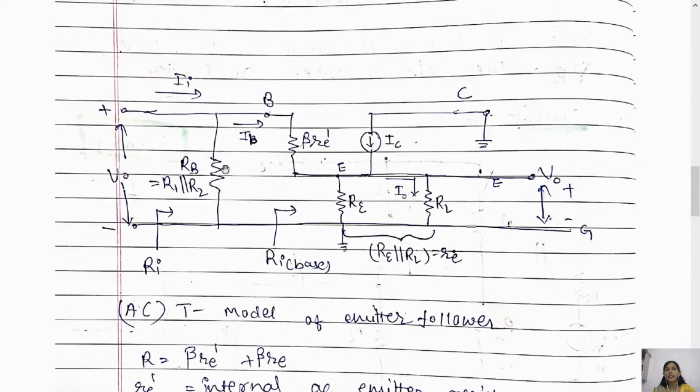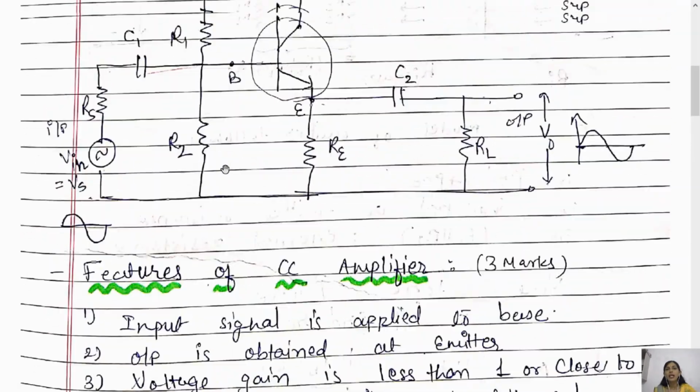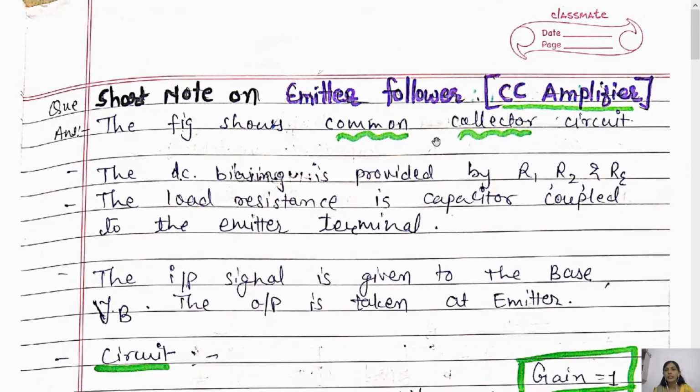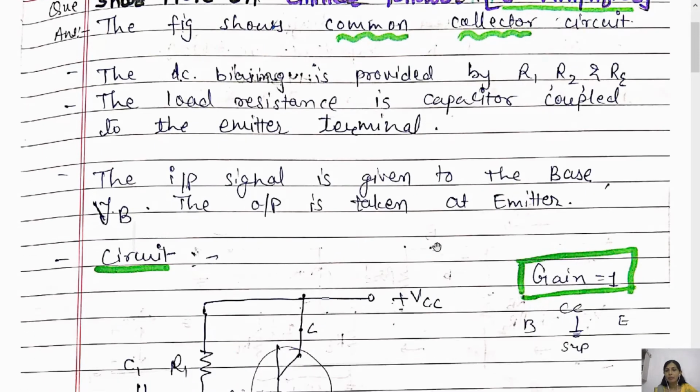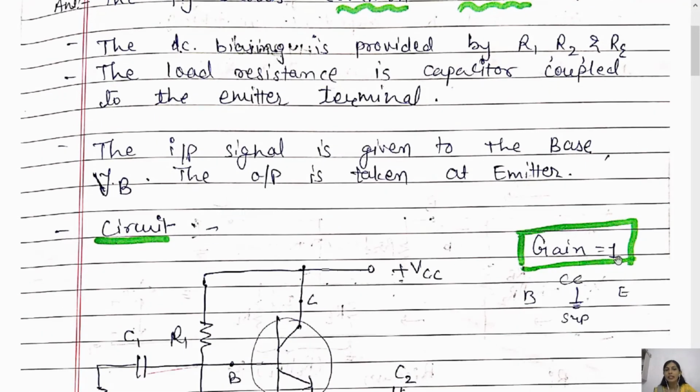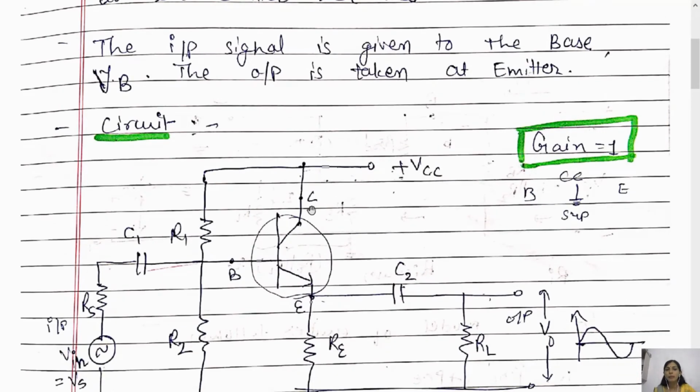So dear students, the question can be asked: derive the voltage gain for common collector amplifier. It can be asked as common collector amplifier, emitter follower, or unity gain amplifier, because the gain is equal to 1 and the collector is common to the supply.